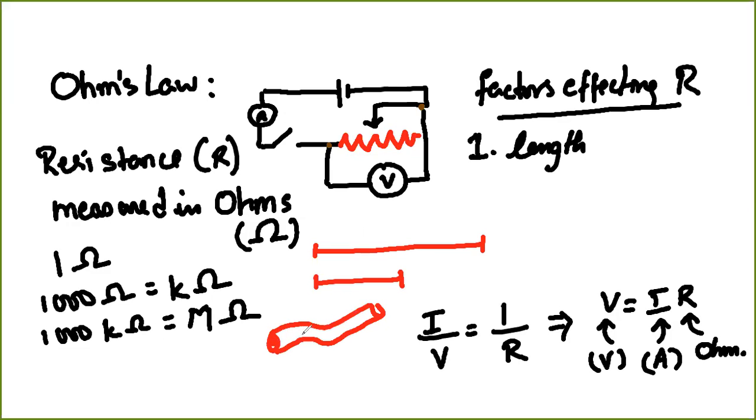And if you take 2 wires, one which has a length L and another which has a length L by 2, and let's say the resistance of this one is R1 and this one is R2. I hope all this is clear what I'm trying to say. Which do you think will have greater resistance? You can message me the answer, which will have greater resistance, R1 or R2?